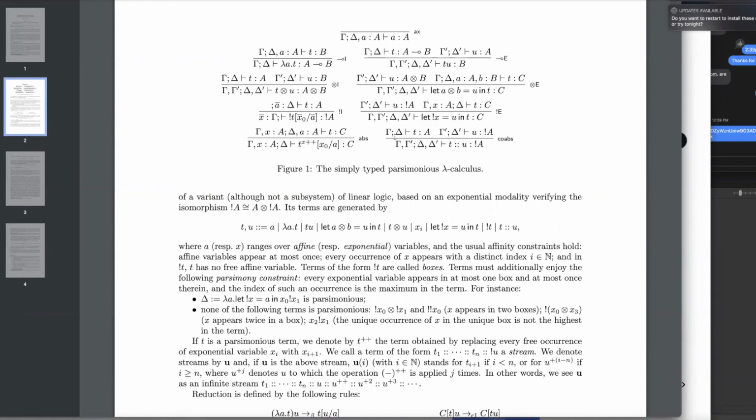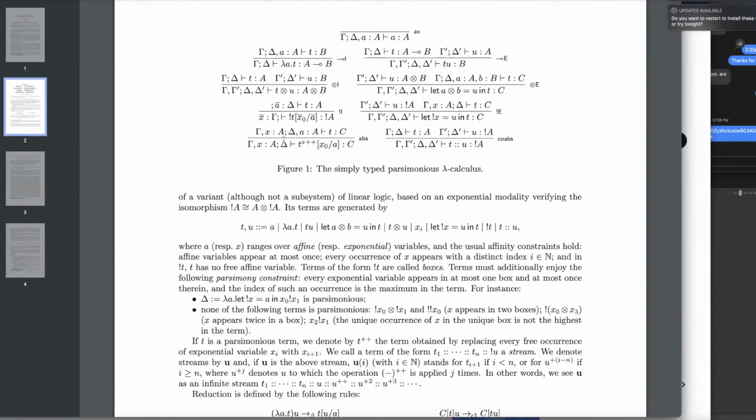Then we combine the gammas, we combine the deltas to get that I put T on top of U. So I push T onto the stream U, and I get that it's of type A. So basically, it's a kind of absorption, right? We're absorbing this into the bang. You see what's happening? This is not a tensor bang A. It's just a bang A.